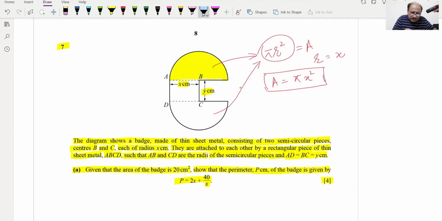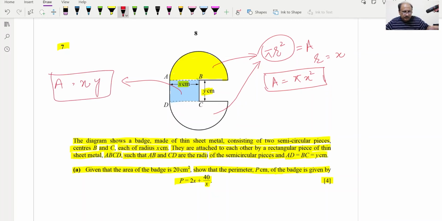Now we can consider this rectangular portion, this piece. This rectangular portion has length x and width y, so the area will be equal to xy. These are the two equations we'll be using, and we know that the area of the badge is equal to 20 centimeters squared.